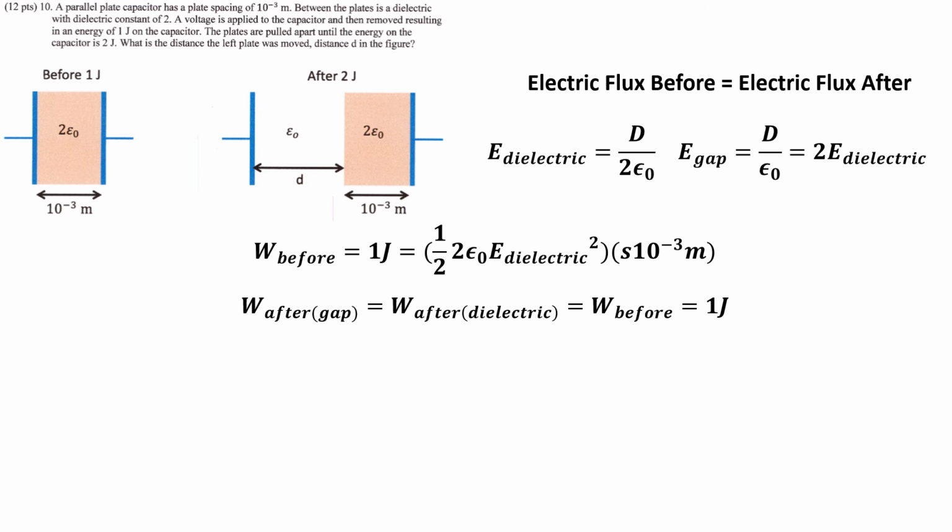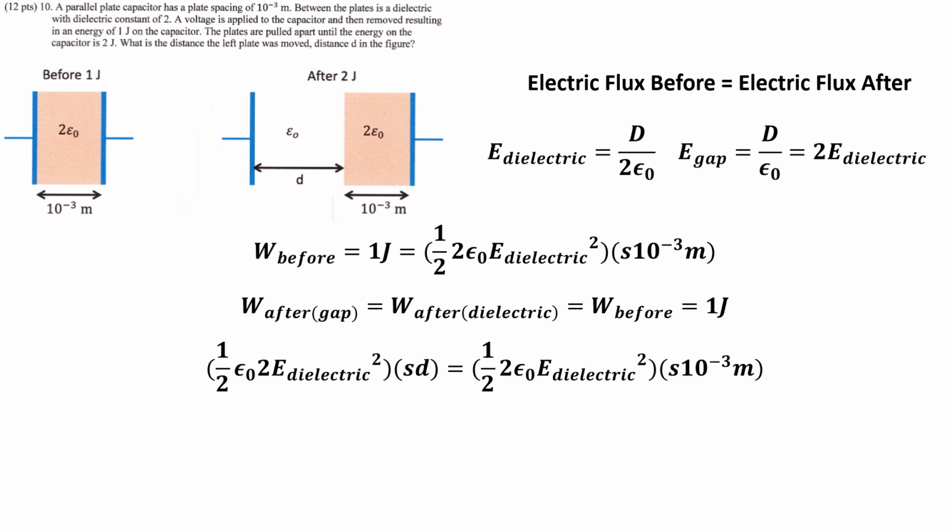We can now plug in our values for the free space in the after capacitor and get 1 joule of energy equal to 1/2 epsilon naught multiplied by 2 of the electric field of the dielectric squared multiplied by the surface area of the plate multiplied by d.